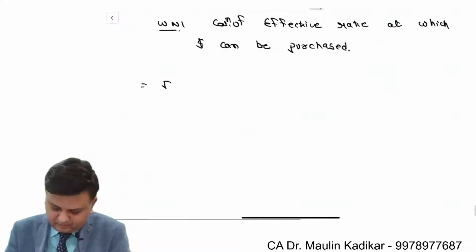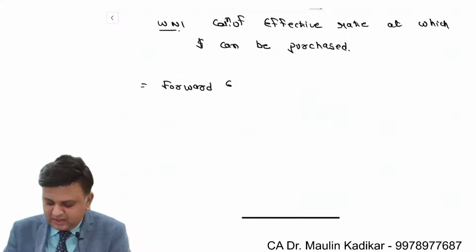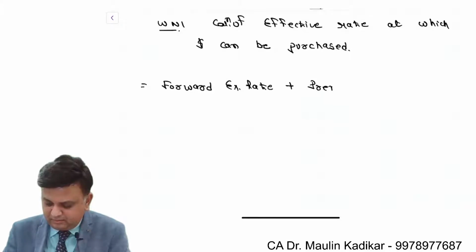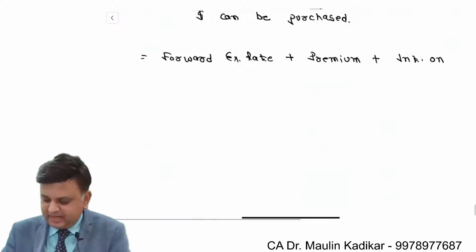It is forward exchange rate plus premium plus interest on premium.